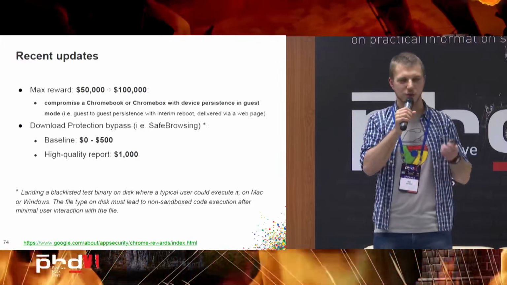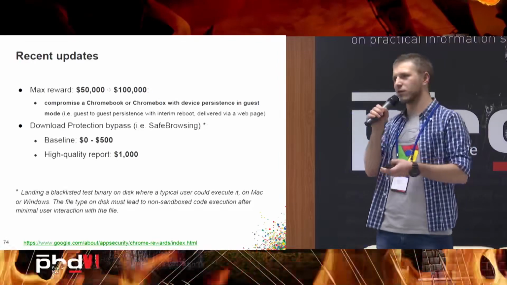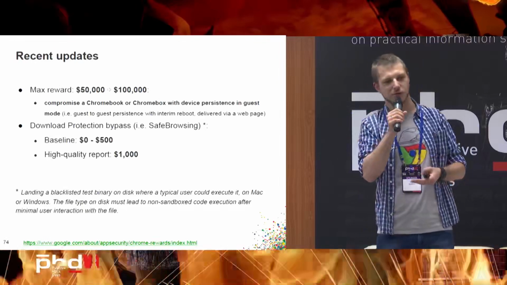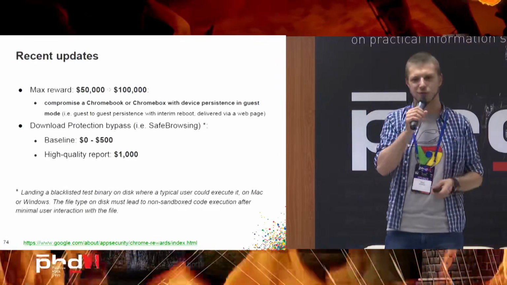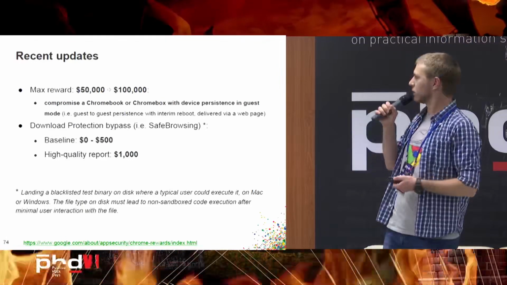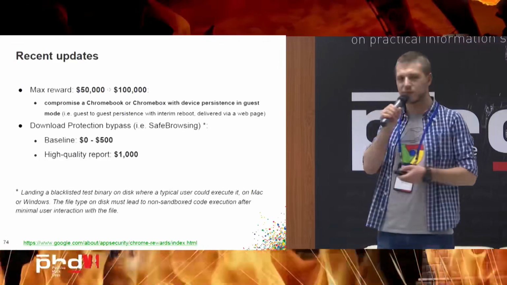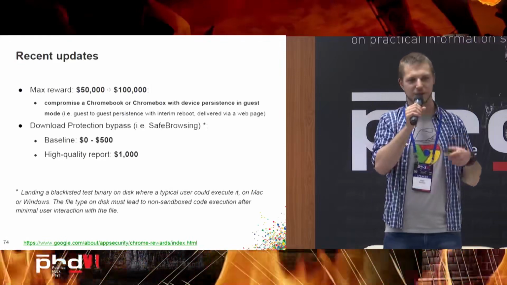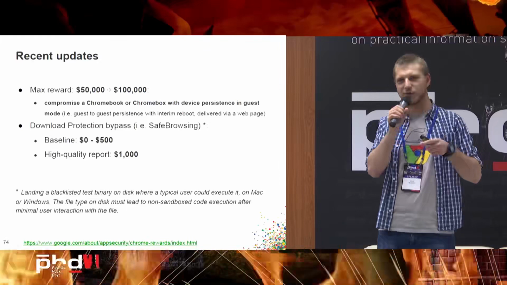The VRP page is pretty extensive on what is and what isn't a bypass. There are two pretty malicious files that, if you manage to download them to a user without Safe Browsing making a scandal out of it, you will get $500 to $1,000.